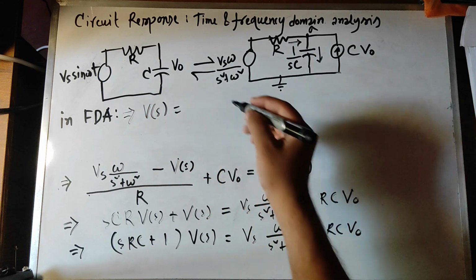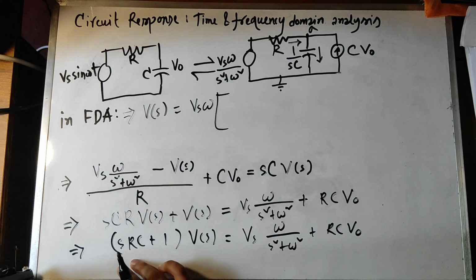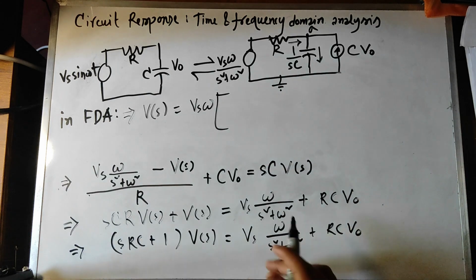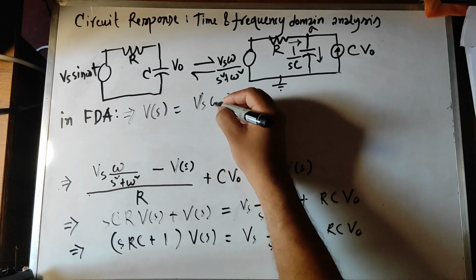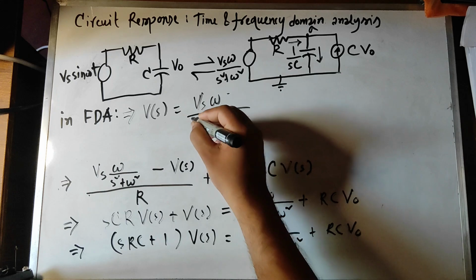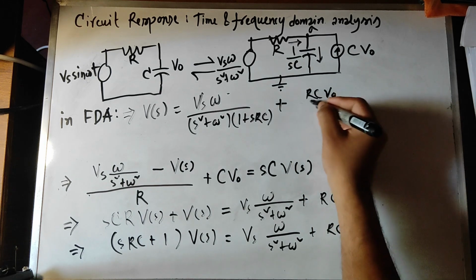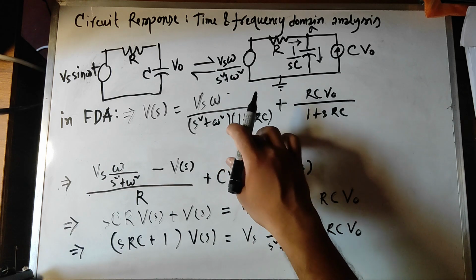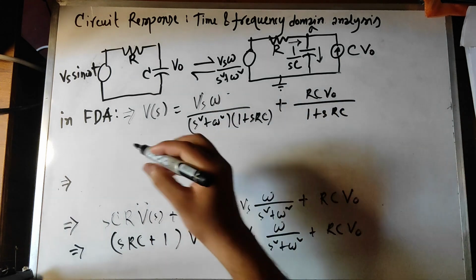So if we take this term and divide it by these terms, V equals Vs omega by (s square plus omega square)(1 plus sRC) plus RC Vo by 1 plus sRC. Now we're going to partial fraction this term.